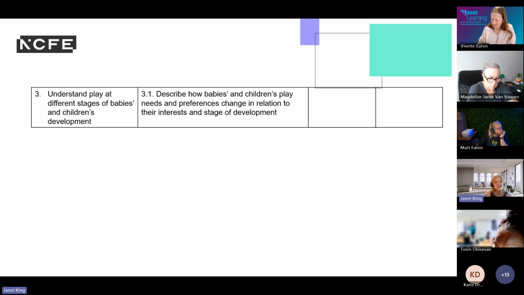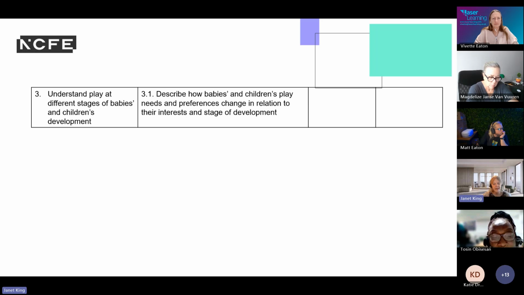So describing how babies and children's play needs and preferences change in relation to their interests and stage of development. So you can see how this is nicely flowing, and again lending itself to, and there is a non-mandatory task that you can use, but you can adapt that as well. Bit of compound flexibility. You can adapt that to your students' needs and how best it might fit their actual context and their learning.